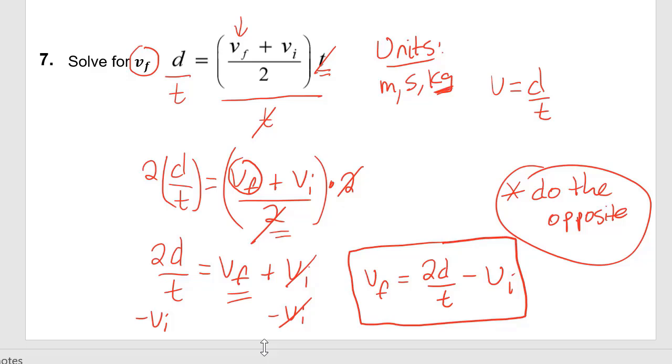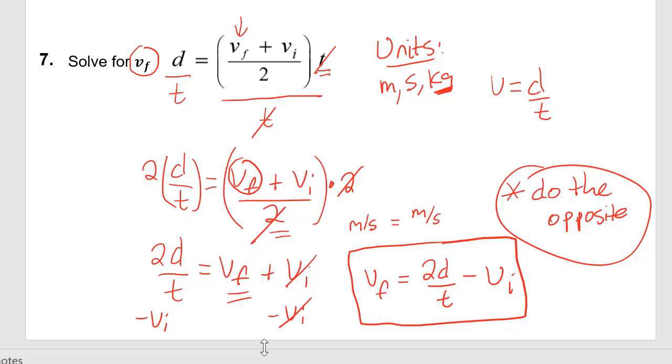I won't be using any kilograms till a little bit later. Make sure your distances are in meters and seconds. Looking at just the units in the formula, the final velocity would be meters per second, and 2 times the distance would just be meters, over time in seconds, would also be meters per second.